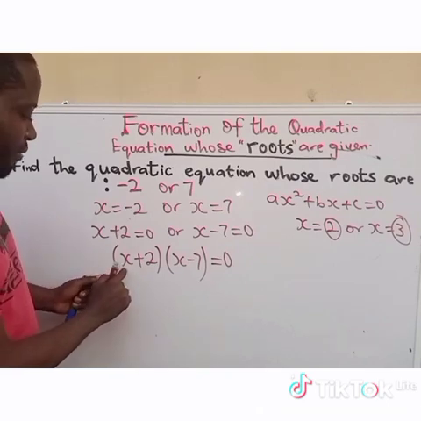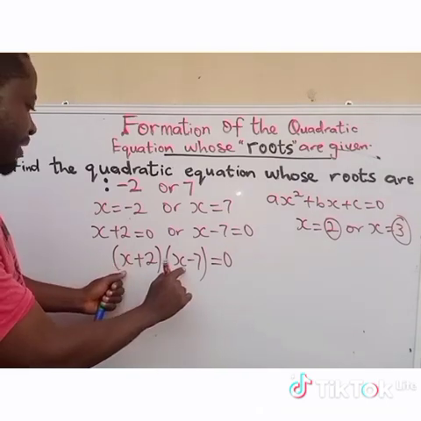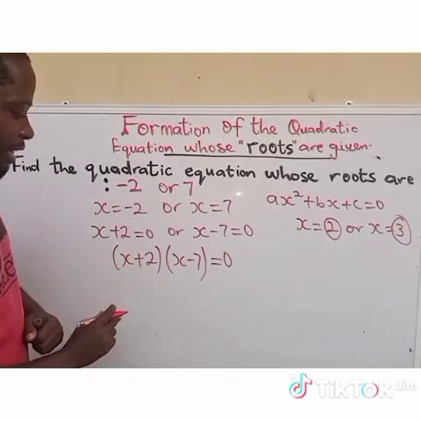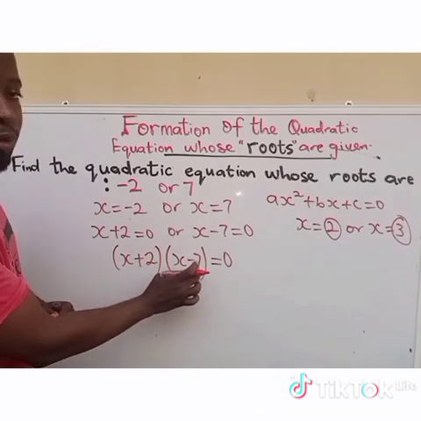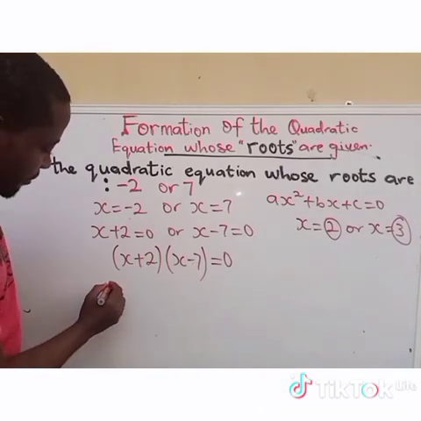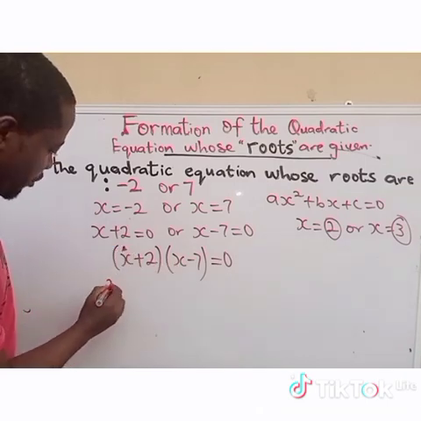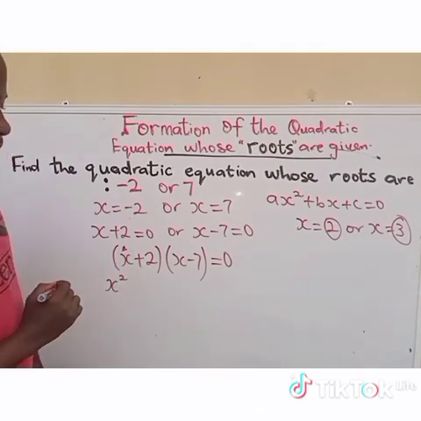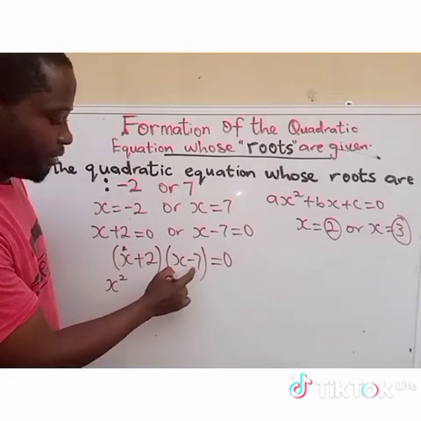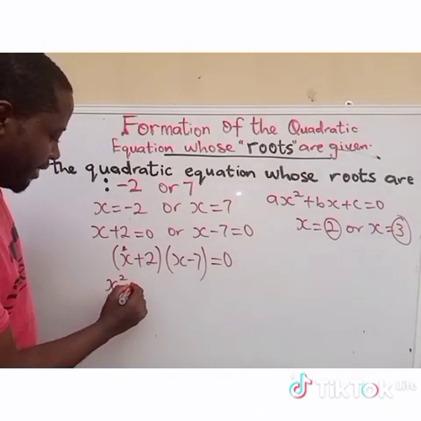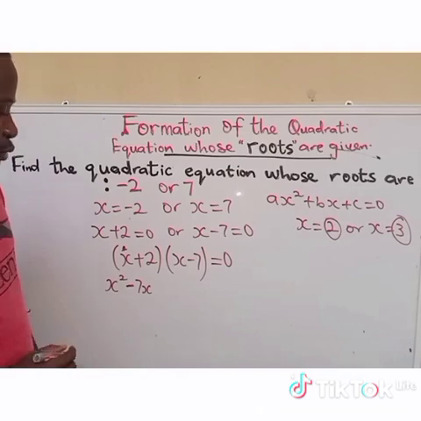So we do that by saying this x should multiply this first. Then after that, the plus 2 we also multiply what we have here. So the first one, x multiplied by this x, we have x squared. x multiplied by minus 7, we have minus 7x. We are done with that.